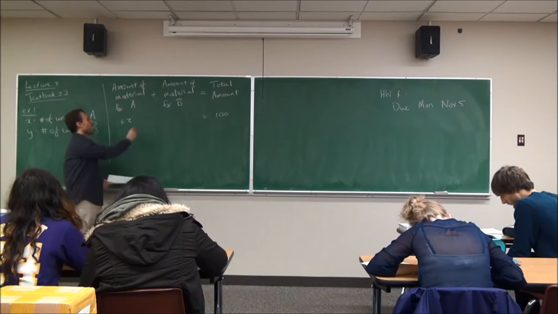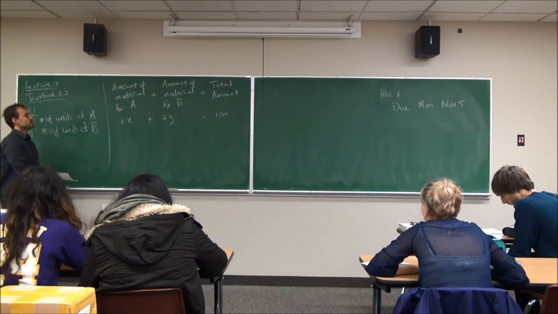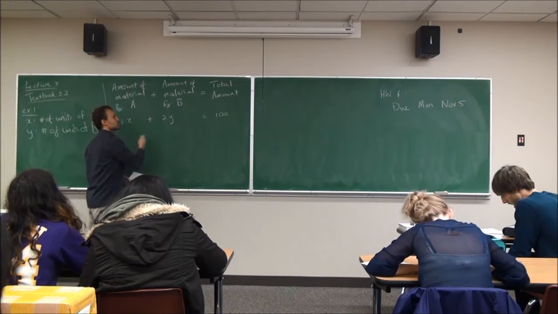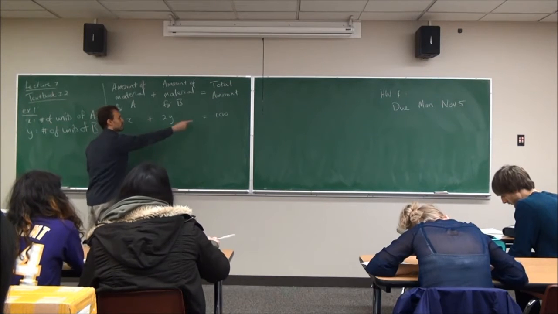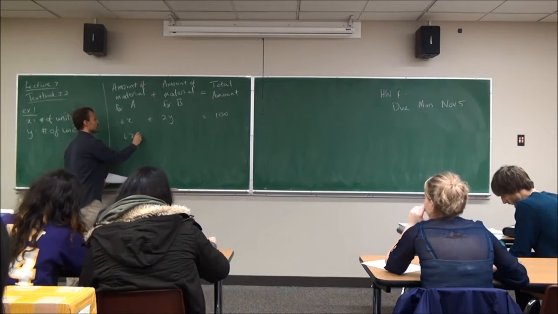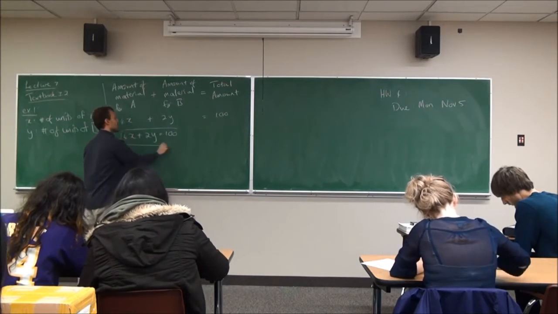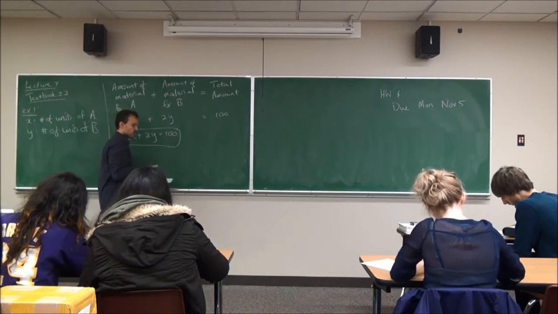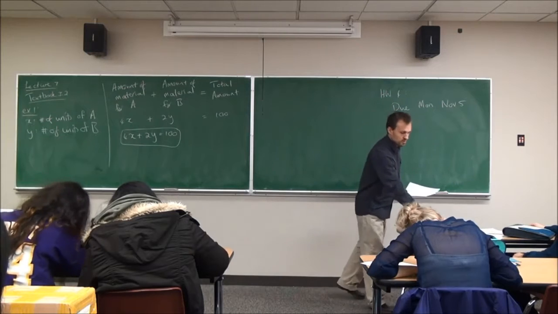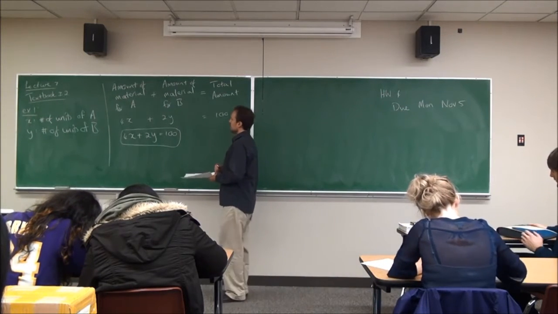She says 2Y. So if I add up the material used to make A, add up the material used to make B, that has to equal 100. So let's just put them a little bit closer together. And there's my equation that describes the relationship between the two numbers of units for each type of product.